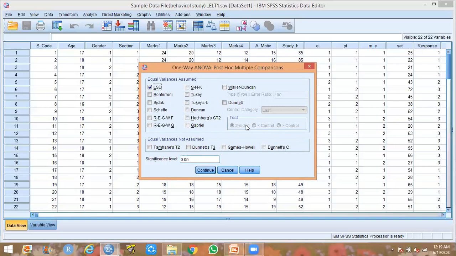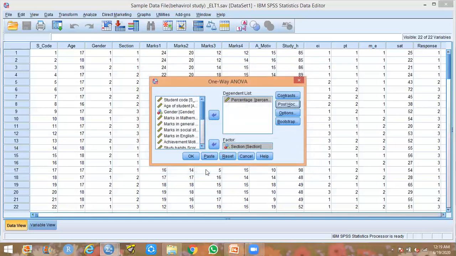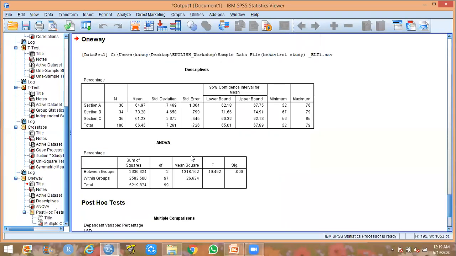My significance level is 0.05. Now continue and click OK.